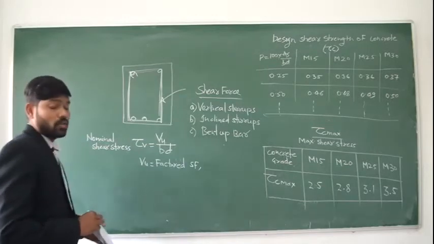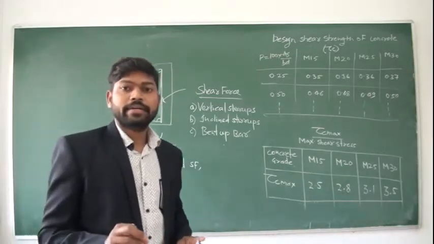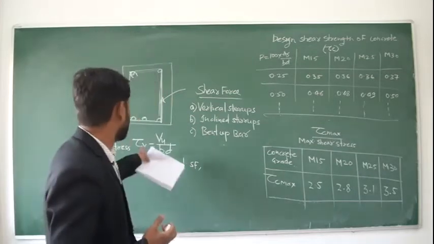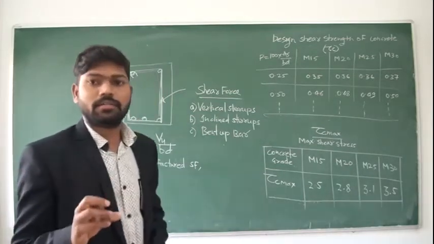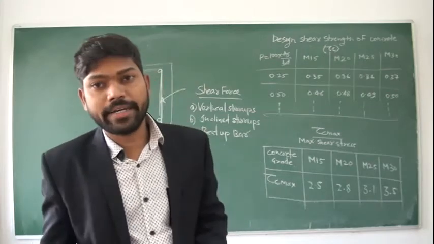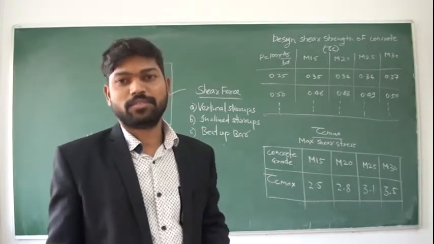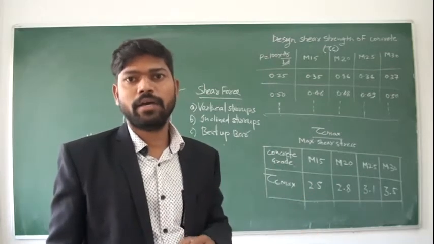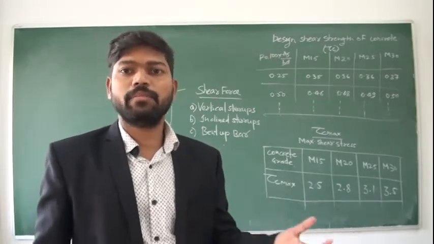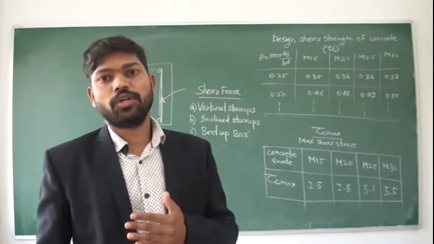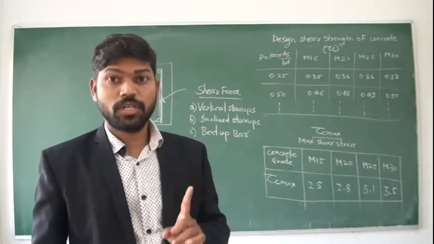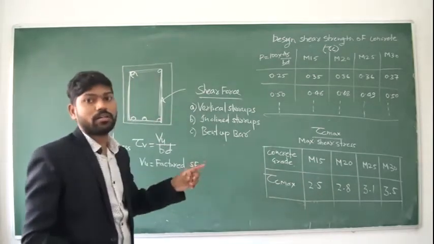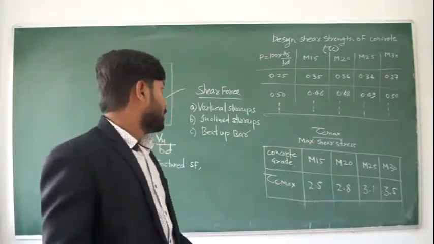Now, as I have told you, who will take care of this shear force, or shear stress? It will be shared by the concrete as well as steel. So some part of the shear force will be carried by the concrete itself, and the remaining excessive part will be carried by the shear reinforcement, or steel. Steel means this vertical steel, shear reinforcement steel, not the flexural steel.